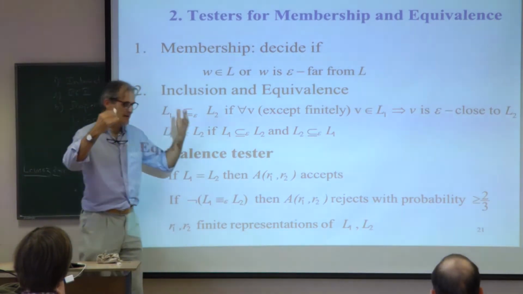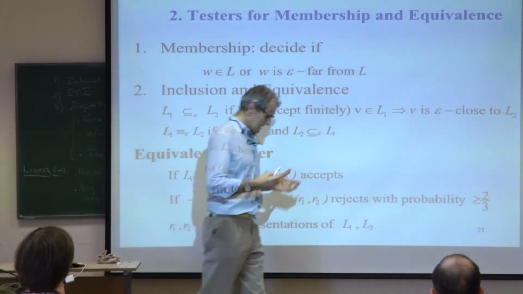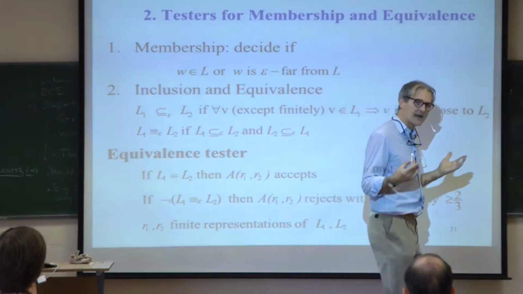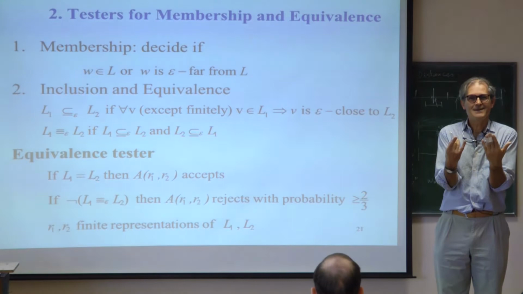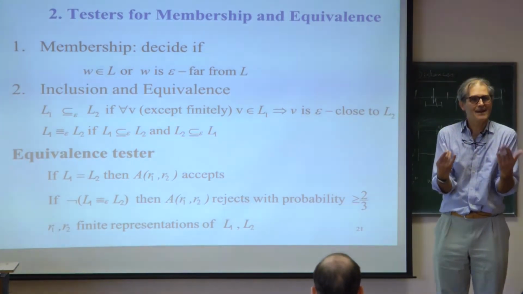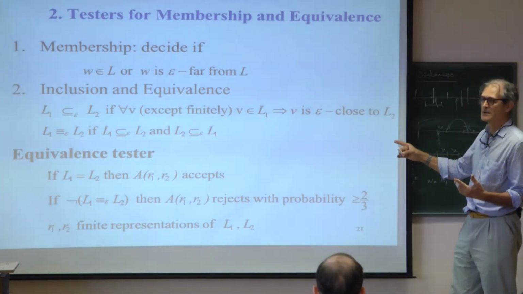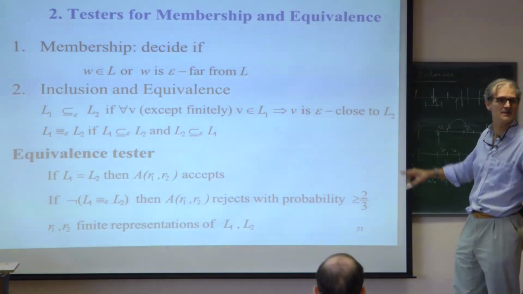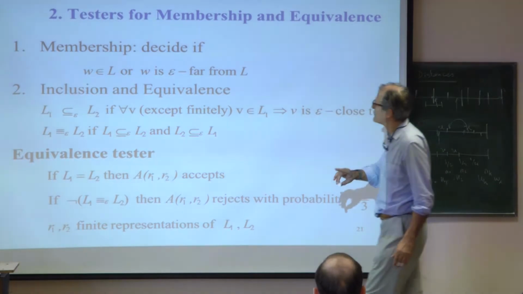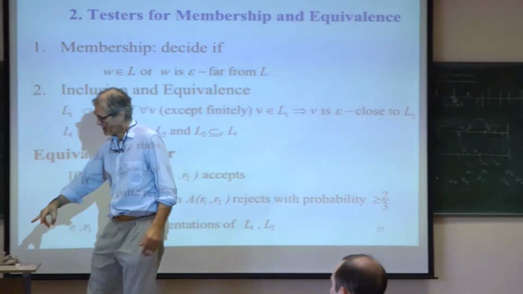Maybe you've seen this in classical automata theory. I give you two context-free grammars, and I ask you if they define the same language. Now, it's an undecidable problem. Now, if you look at an approximate version here, it's totally decidable, and it's actually very easy.